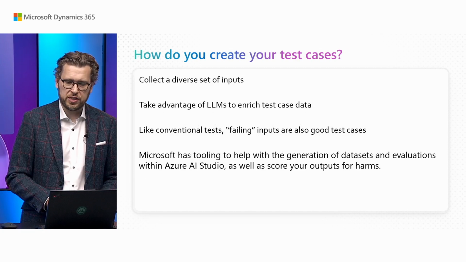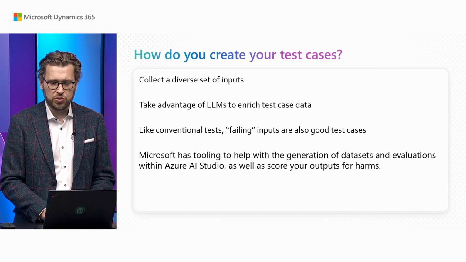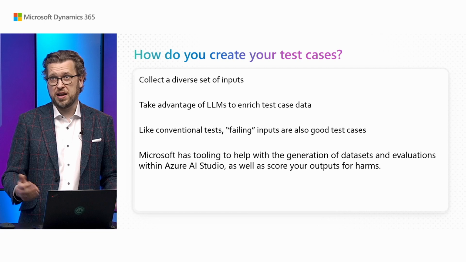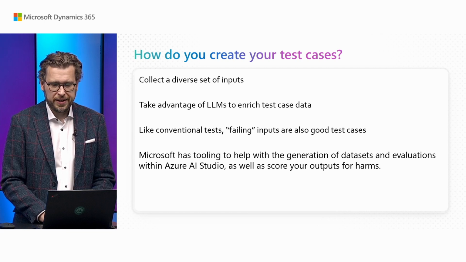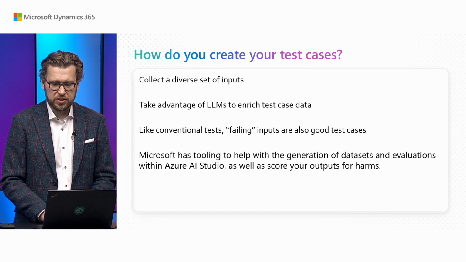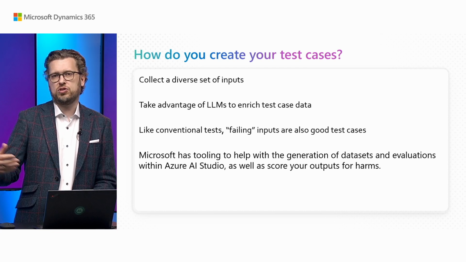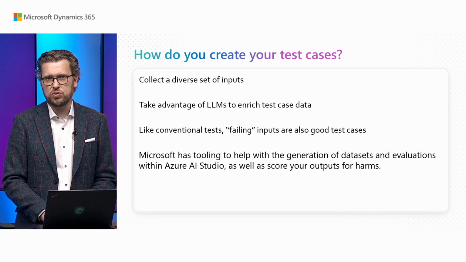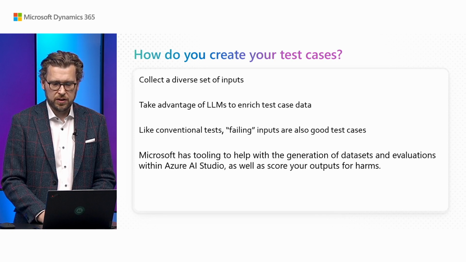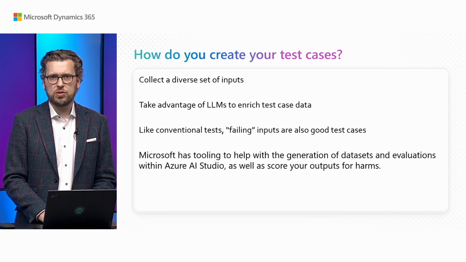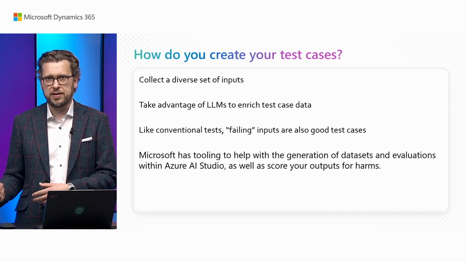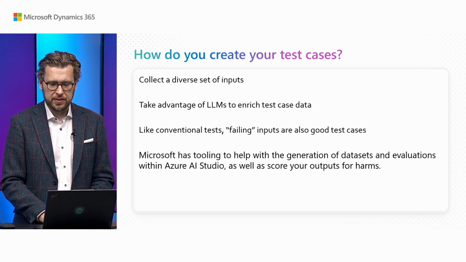Now, one of the first obvious challenges that needs to be addressed here is how do you create all of your test cases? That is really an art that you need to learn, right? But when you want to work on determining the feature accuracy, you want to collect as diverse a set of inputs as possible. So try to have people come up with different user prompts, because using different people can also make sure that you reduce the bias of certain people in the dataset itself, right?